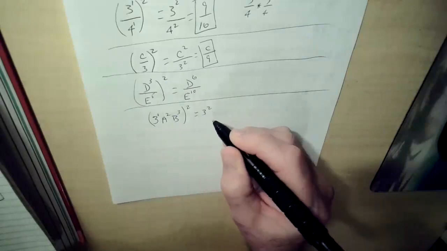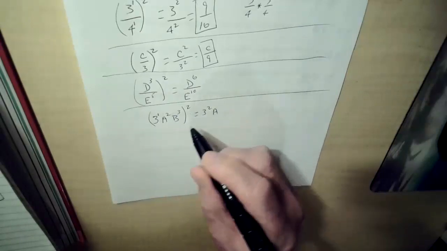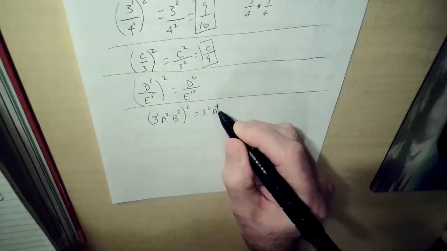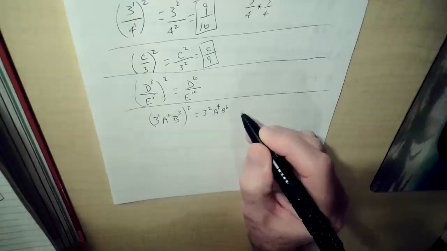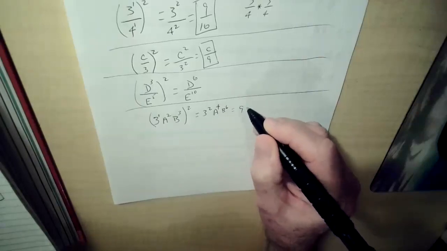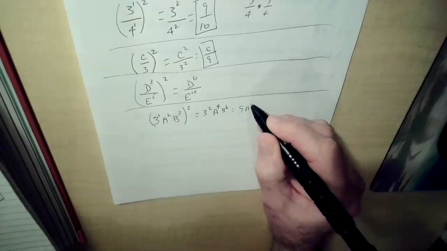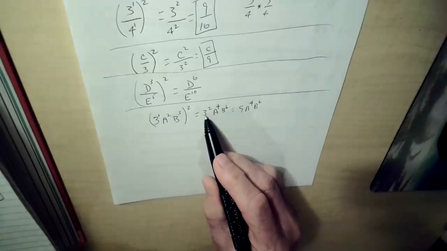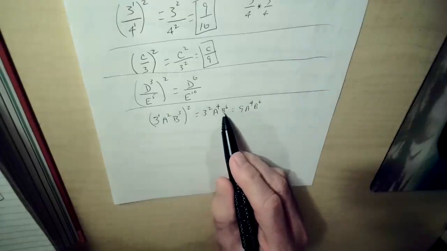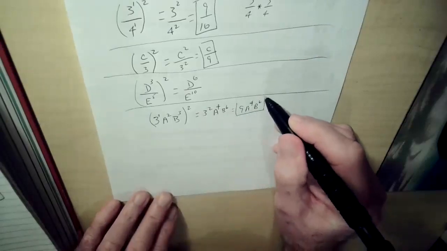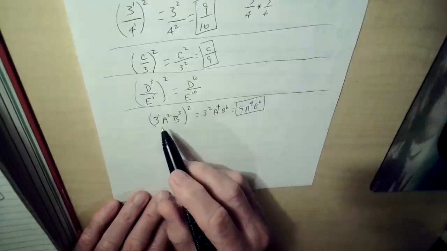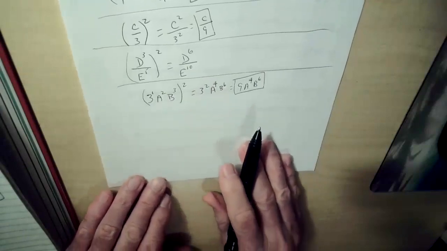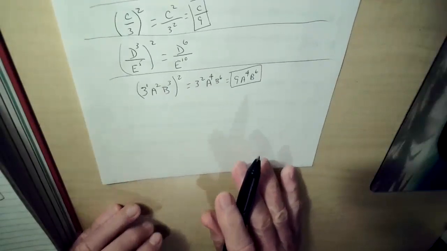Remember, 3 is a term in here also, with an exponent of 1. So that's going to be 3 squared, a to the 4th, because when you have a power raised to a power we multiply, b to the 6th. So this equals 9a to the 4th b to the 6th.